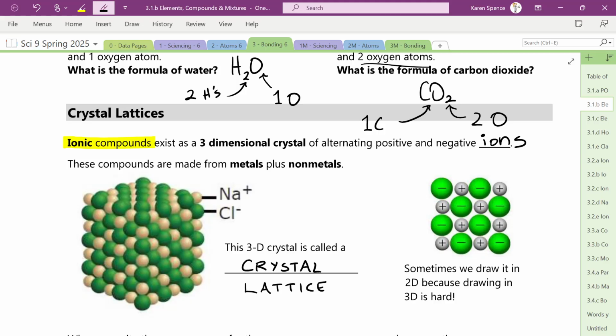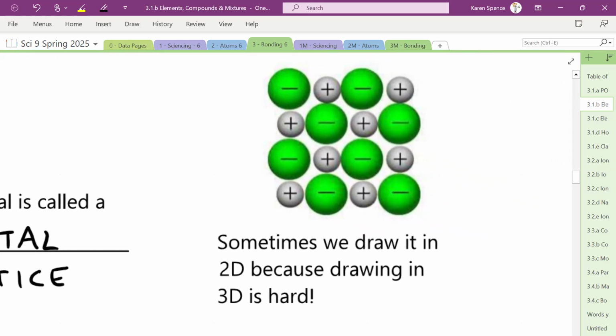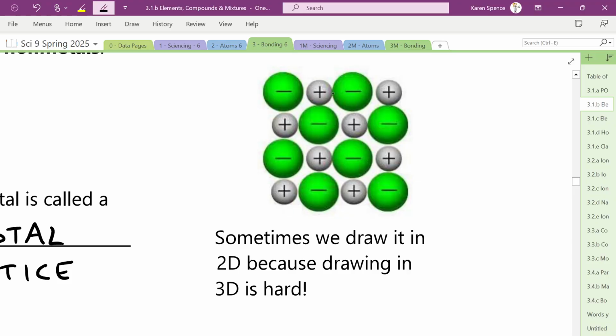You're drawing a 2D representation. So what that would look like is negative, positive, negative, positive, or positive, negative, positive, negative. Because that way we can all have the skill to draw that.